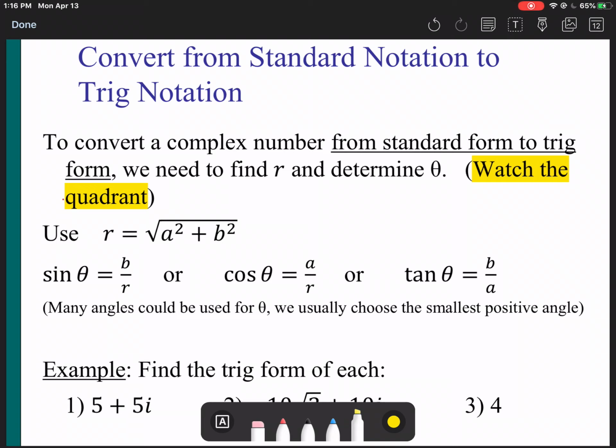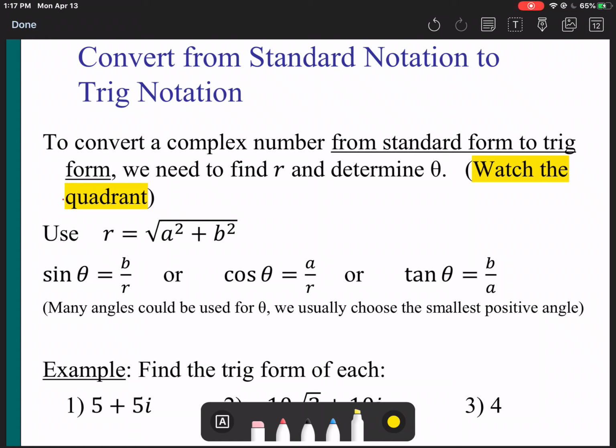To convert a complex number from standard form to trig form, so we're going from a plus bi to r cis theta, or cosine theta plus i sine theta, we need to find r, and we need to determine theta. Watch the quadrant, watch the quadrant, watch the quadrant. As always, anytime you're identifying an angle, make sure you identify the angle in the appropriate quadrant.